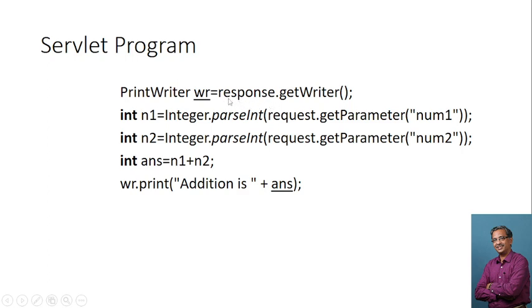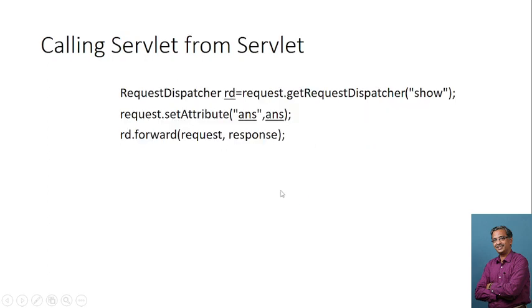So here I am using the response object. response.getWriter allows you to create one object of type of class PrintWriter, and with respect to this object wr we can write any information on the screen. So I am using wr.print, addition is, and then this answer I am displaying. Also, this practically I will show you afterwards.